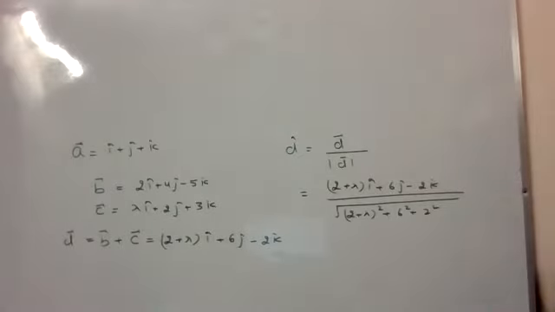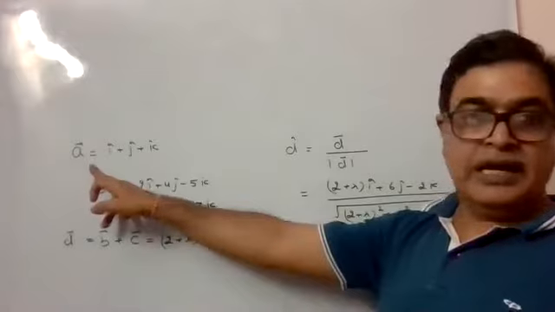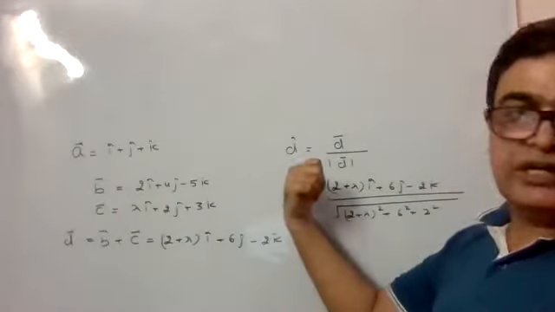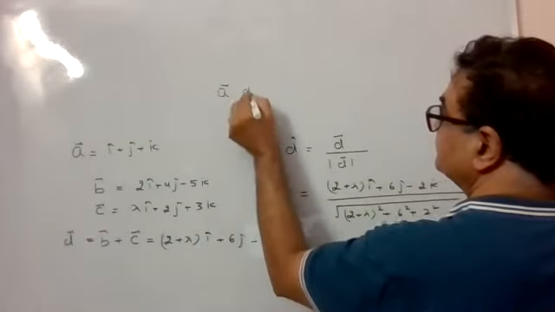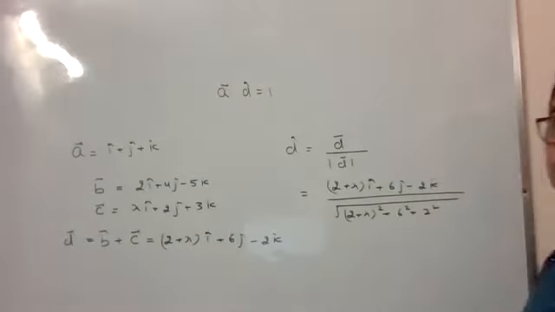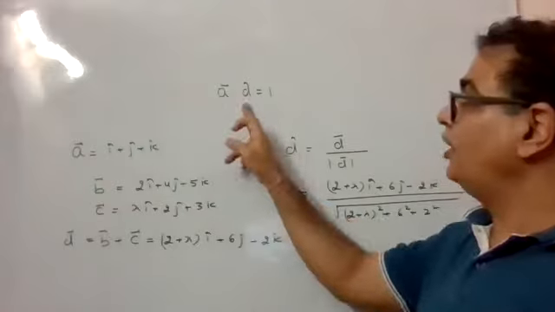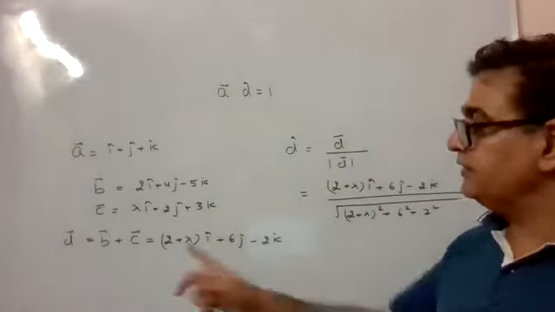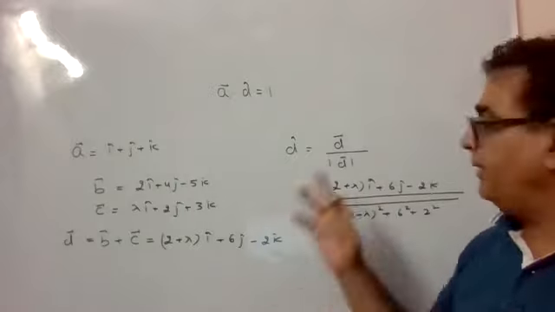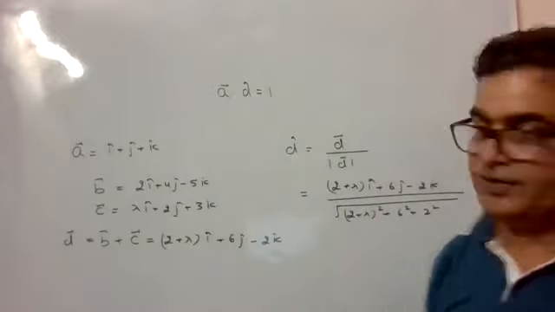Now question says A dot d cap is 1. Vector A and the unit vector which is along B plus C. So A dot d cap is given as 1. Now my question is what should be lambda? First find out. And then he is asking what is unit vector along B plus C. So unit vector along B plus C तो d cap है, तो अगर lambda मालूम हो जाएगा then you can get it.